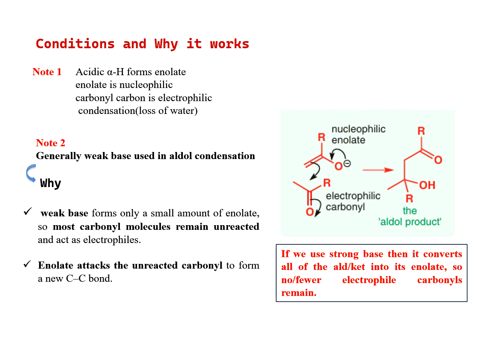Then we are going to show the conditions and how aldol condensation works. First, the aldehyde must have an alpha hydrogen so that the base abstracts the alpha hydrogen and forms an enolate.